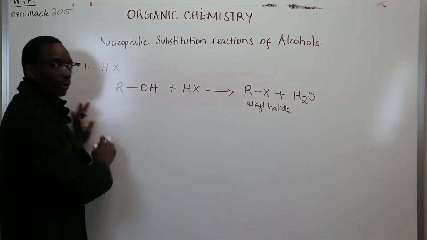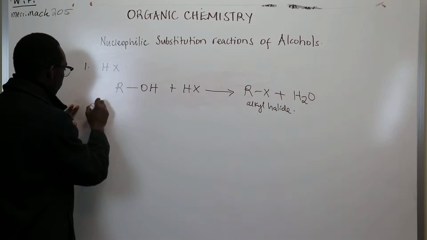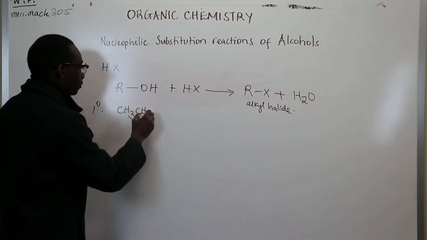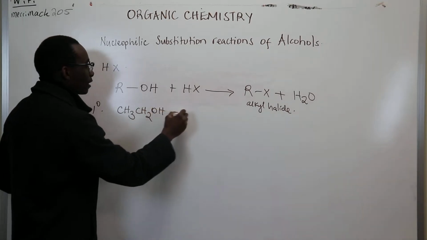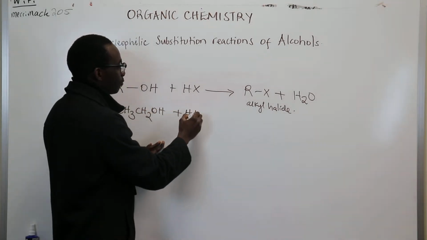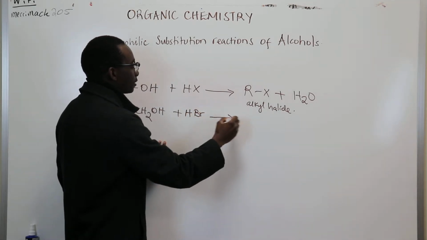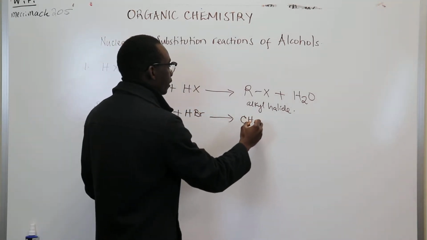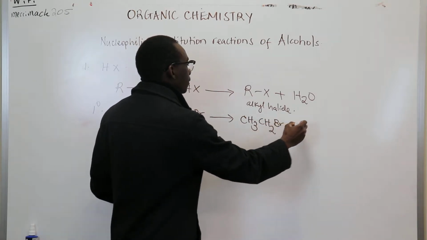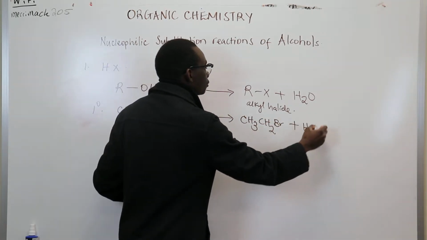To begin with the primary alcohol, which is ethanol. When ethanol reacts with a hydrogen halide such as hydrogen bromide, we get bromoethane, which is CH3CH2Br, plus H2O.